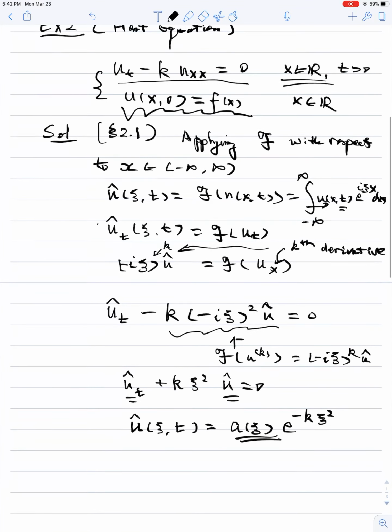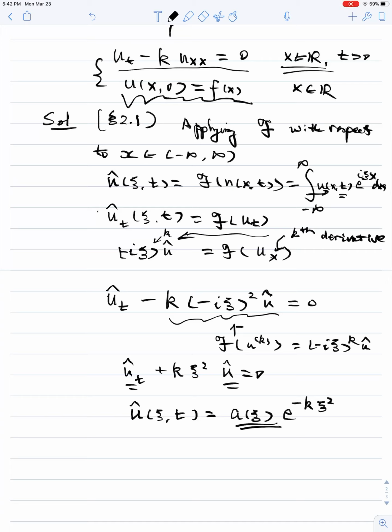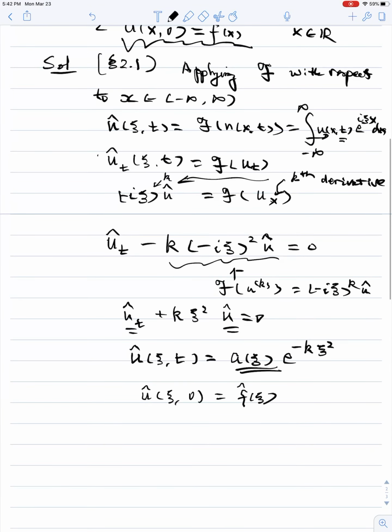Now we need to determine this auxiliary function A from the initial condition. If we apply the Fourier transform to the initial condition, then we have û(ξ,0) = f̂(ξ), the Fourier transform of f. If I plug t = 0 here, then I have this equal to A(ξ).